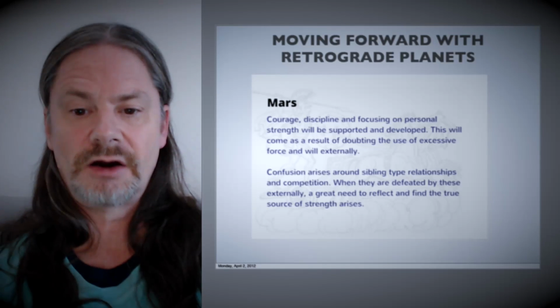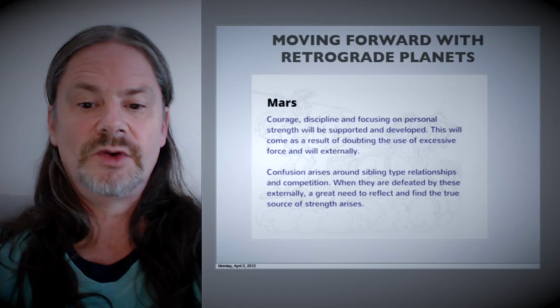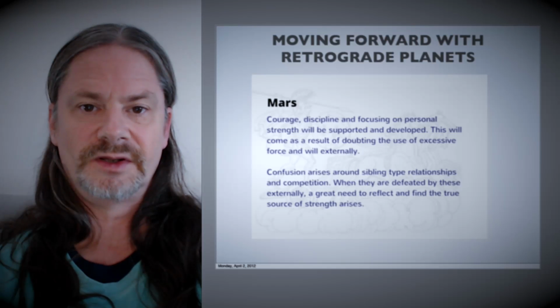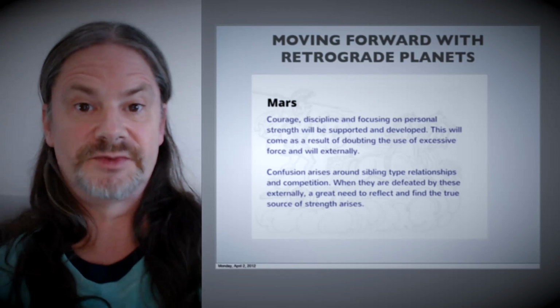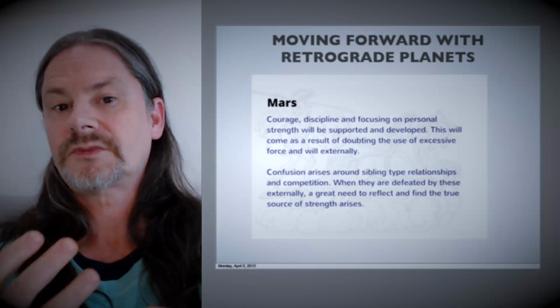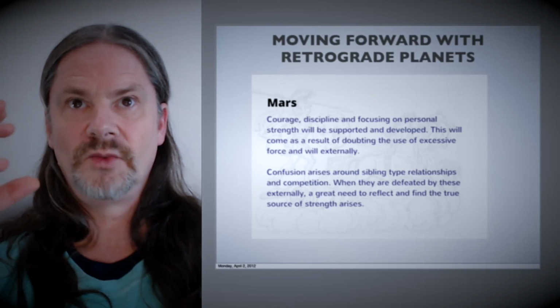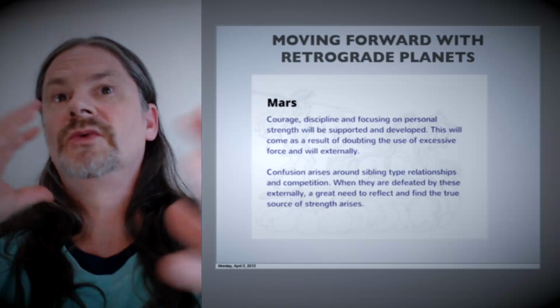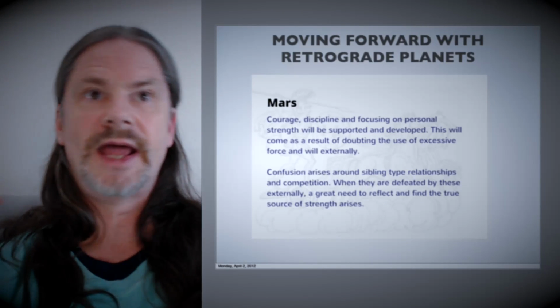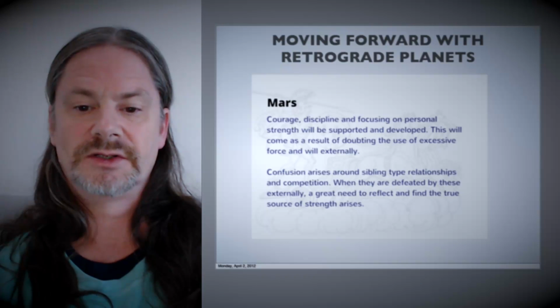So that's Mars as a karaka. Of course, the same thing would be if it's the example of Mars as the seventh lord. Confusion arises around partnerships and compromise. And when we don't give enough or we give too much, we reflect on that and it creates confusion. So that's Mars.